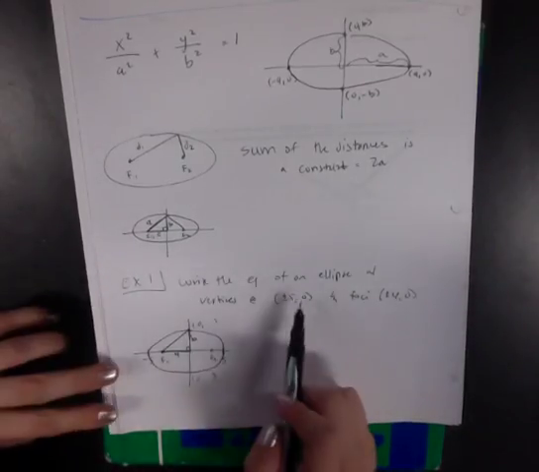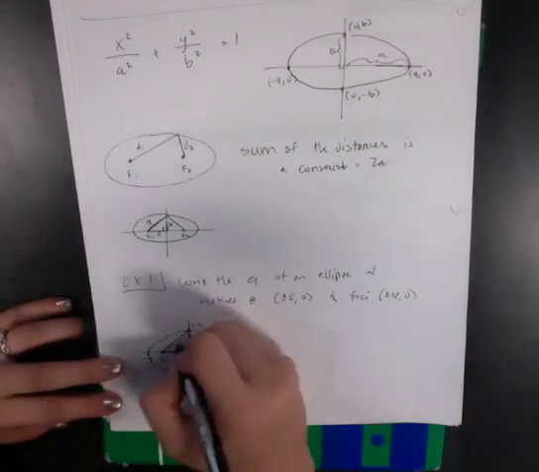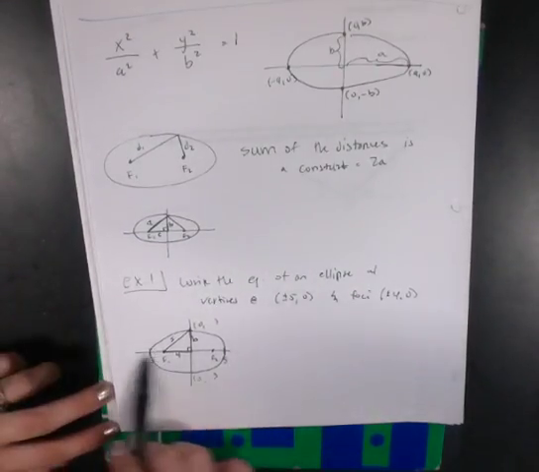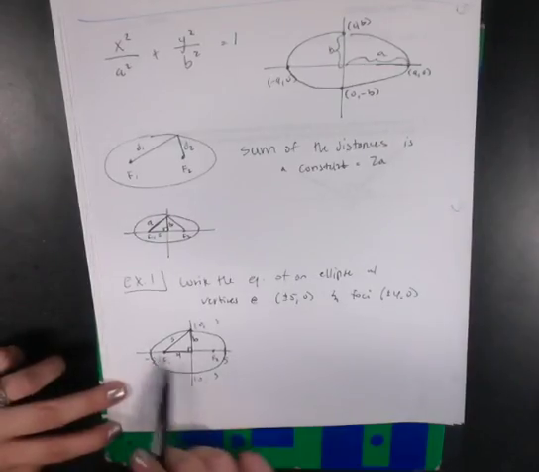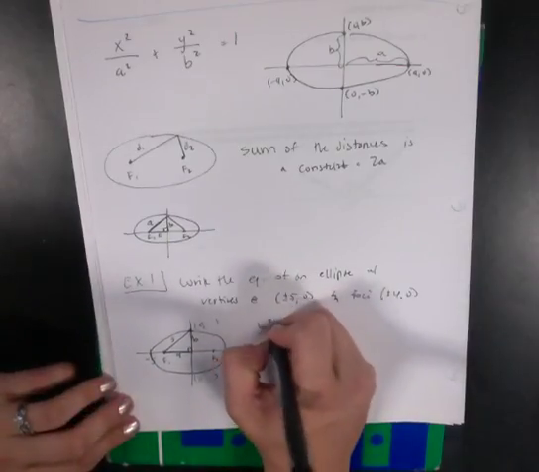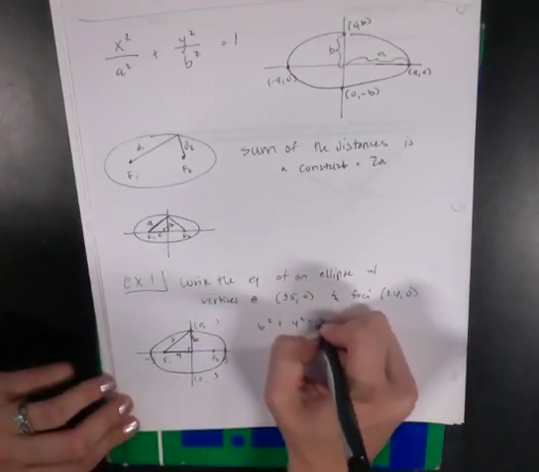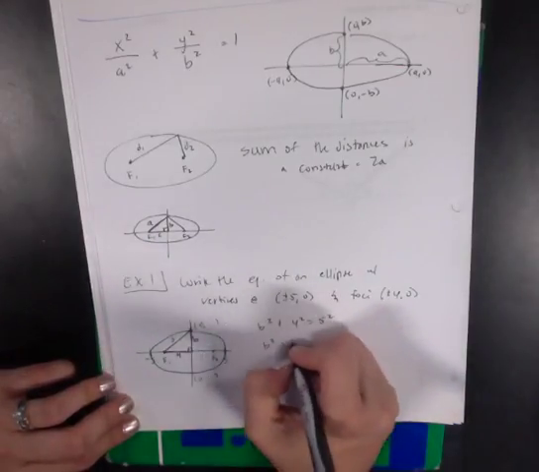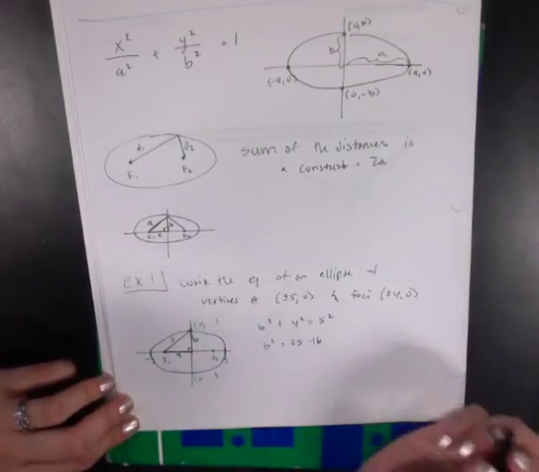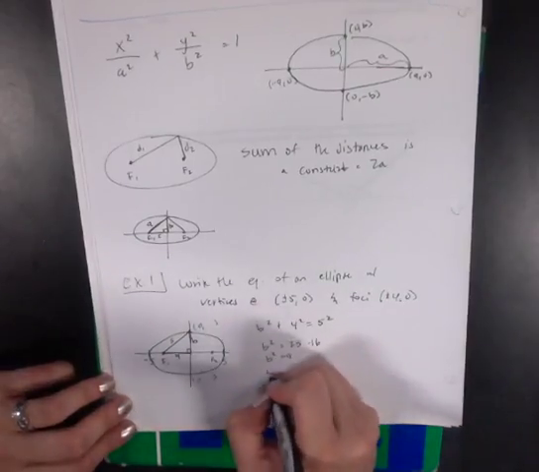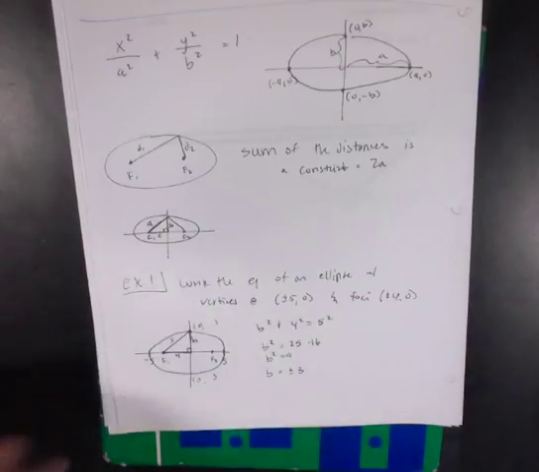I know my a, I'm looking for b, and I know that this distance here on the hypotenuse is the same distance as a here. How cool. So then I can solve for b and say b squared plus 4 squared is 5 squared. So b squared is 25 minus 16. So b squared is 9. b is plus or minus 3.